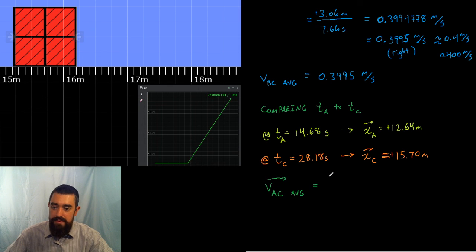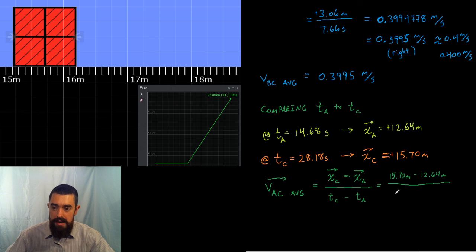Okay. This would be XC minus XA, those two positions. That's the displacement, a difference in position, a change in position. And time C minus time A. So that's, I'm going to write it all out, 15.70 meters minus 12.64 meters.